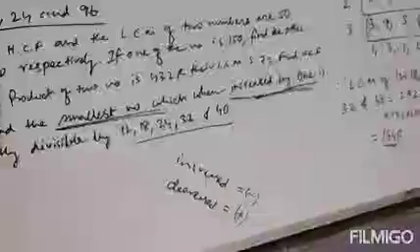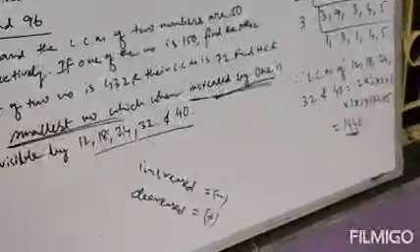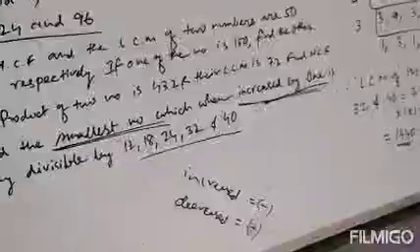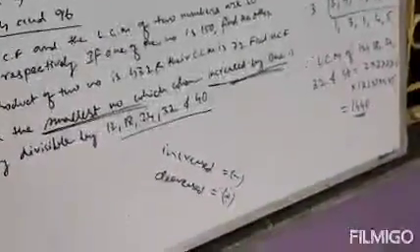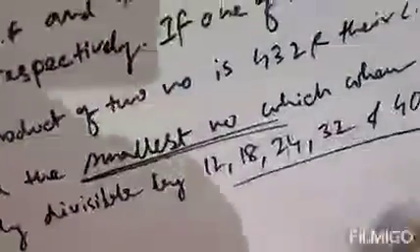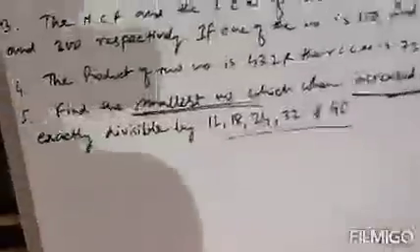Clear? Increased by 1 means we subtract 1 from the LCM, and if it is decreased by 1, then we add that 1 to the LCM. Therefore if it is increased, we subtract, and if it is decreased, we add. Here it is increased, so we subtract 1 from the LCM, and that will be your answer.